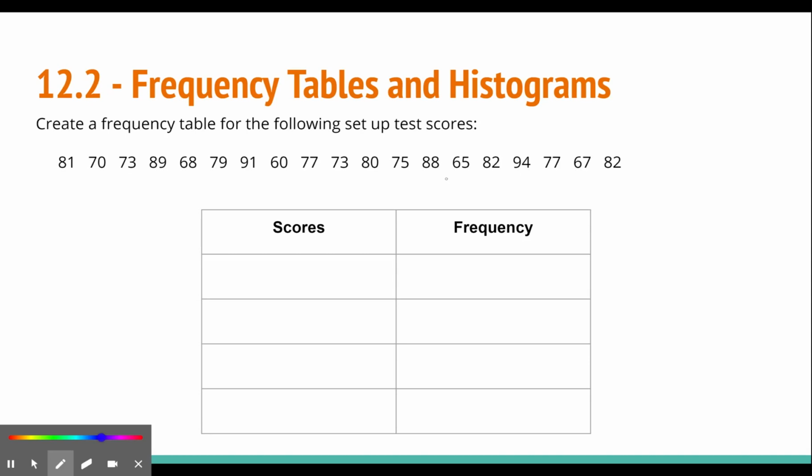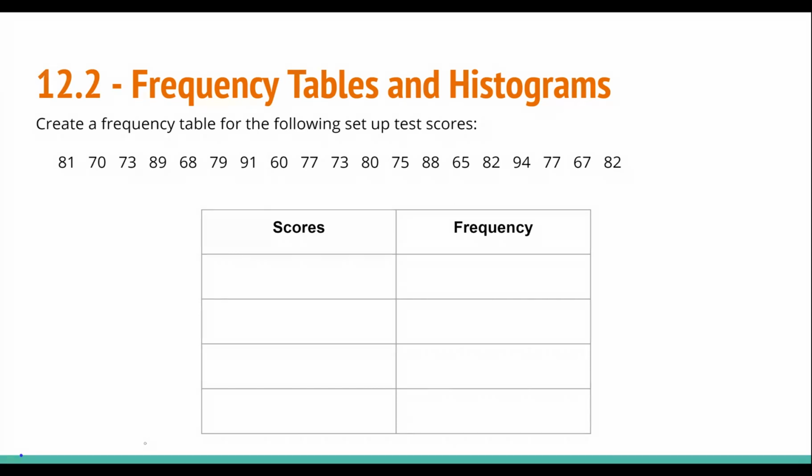Now it's come to our slide where we're going to actually make our frequency table. So if you printed out the slides, you see the answer, but hopefully you'll take a look at this screen with our blank frequency table. And you see this set of data values, 81, 70, 73, so on and so forth.